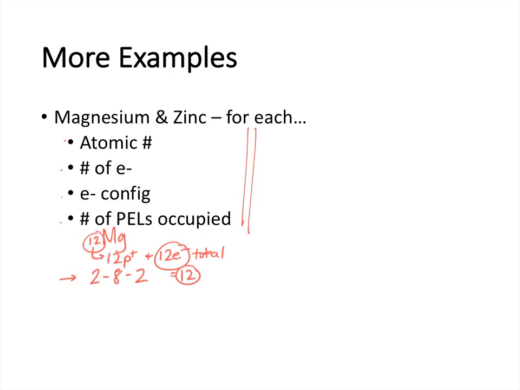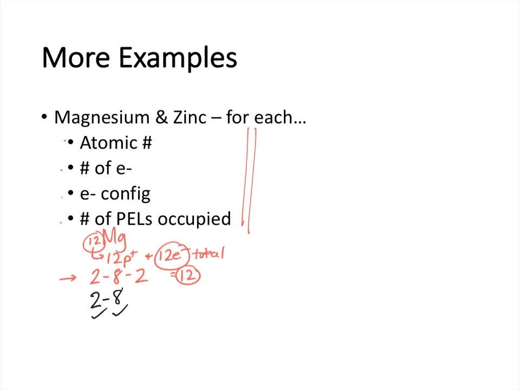The number of electrons in each PEL should also make sense. I need a total of 12 electrons. The first PEL can only hold 2 electrons. It is full. So I've used up 2 out of the 12 and I have 10 left. Well, I can't fit 10 electrons into the second PEL. I can only fit 8. And now it's full.